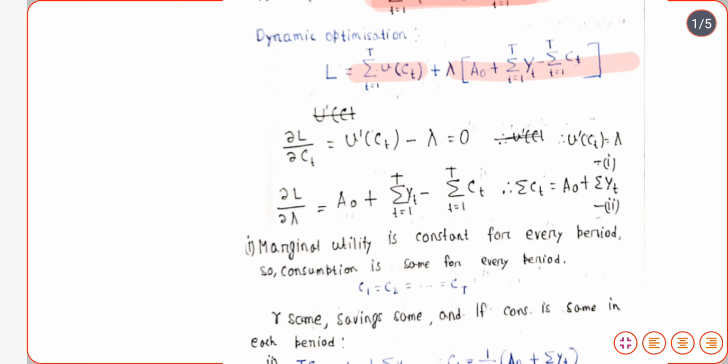At first we will differentiate the equation with respect to ct.